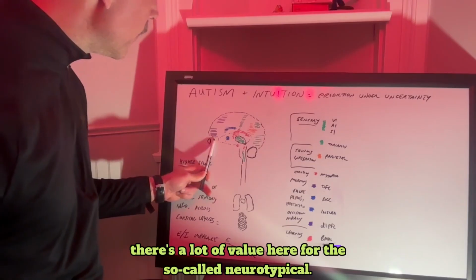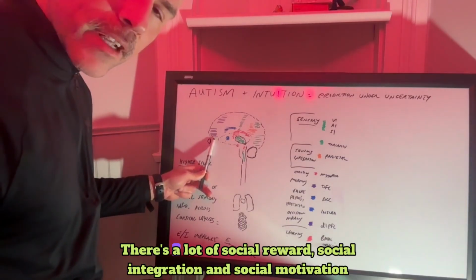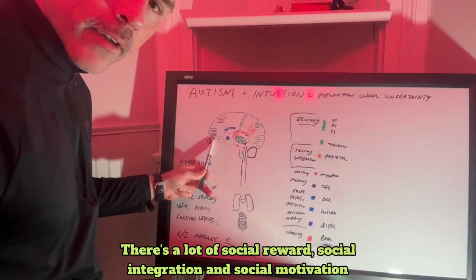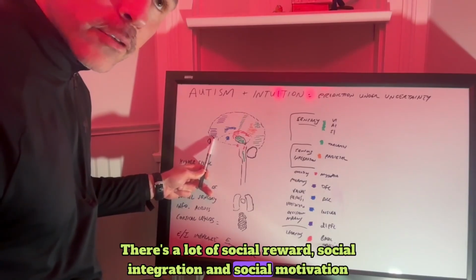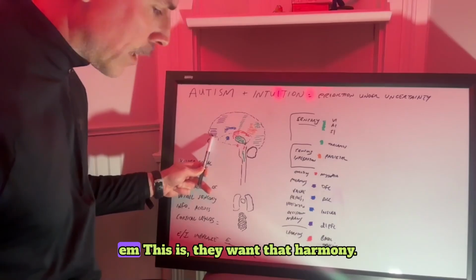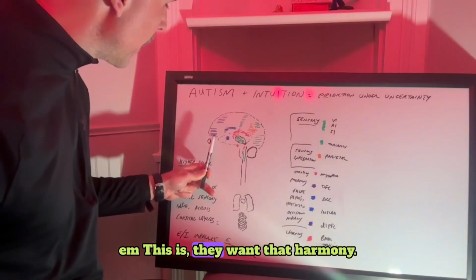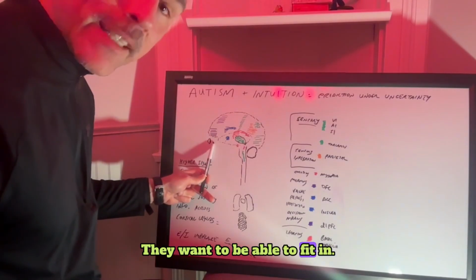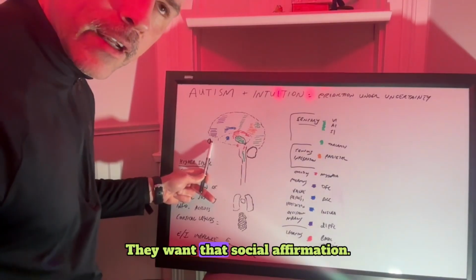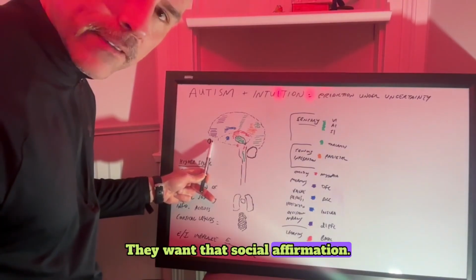For the so-called neurotypical, there's a lot of social reward, social integration, and social motivation happening here, okay? They want that harmony. They want to be able to fit in. They want that social affirmation.